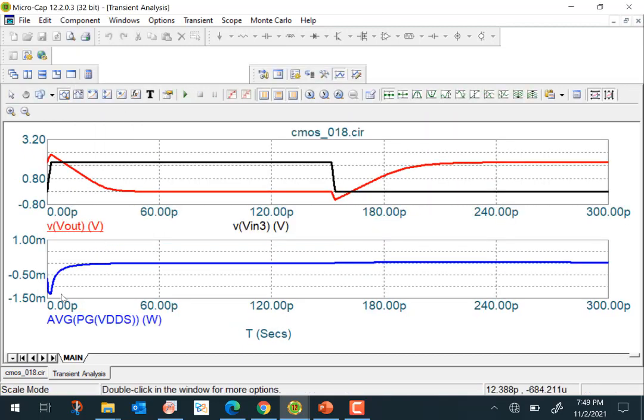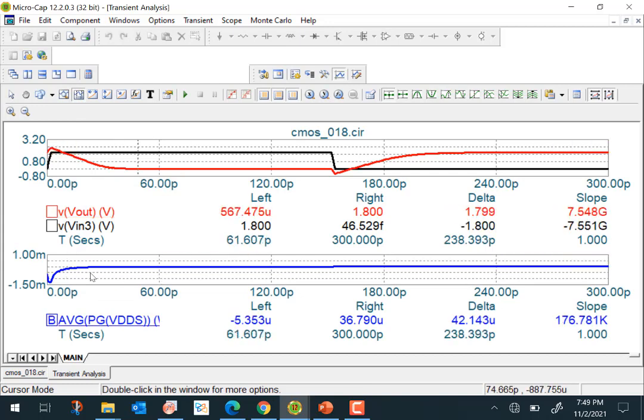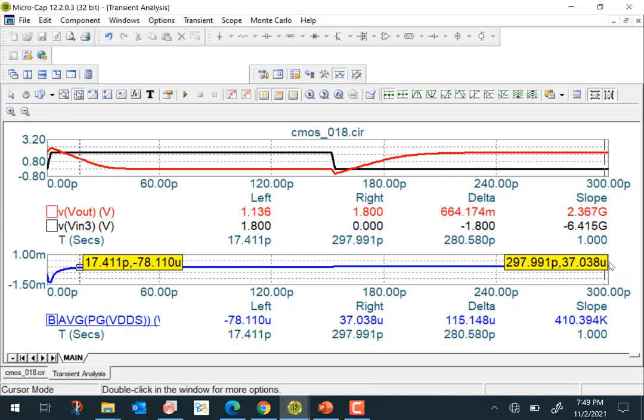All right, so if we go here, what it has done is averaged it over one cycle. We have applied one cycle of the input, and the right cursor shows us the power dissipation, which is 37 microwatts. The average power dissipation in this particular circuit is 37 microwatts.